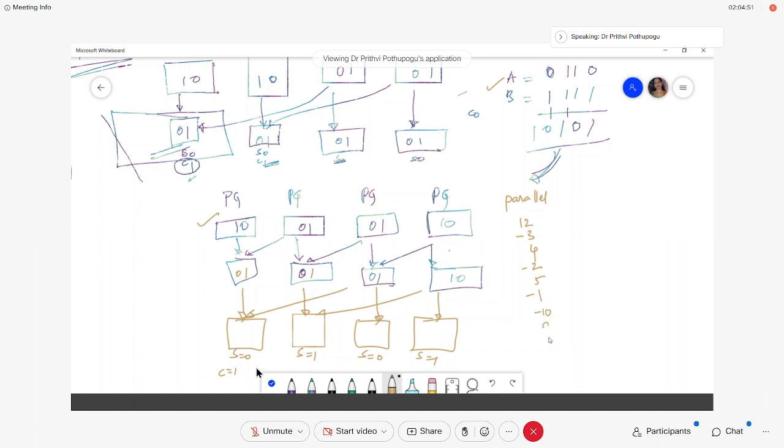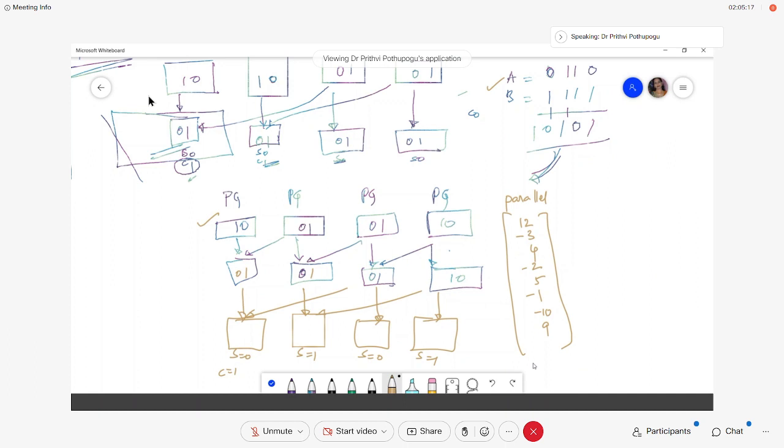For this, you do the parallel prefix addition and get the result. That is one more assignment question. Okay, I'll stop here today.